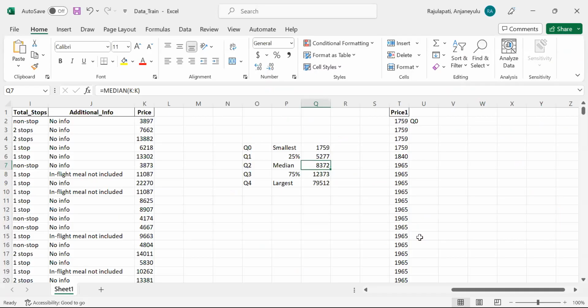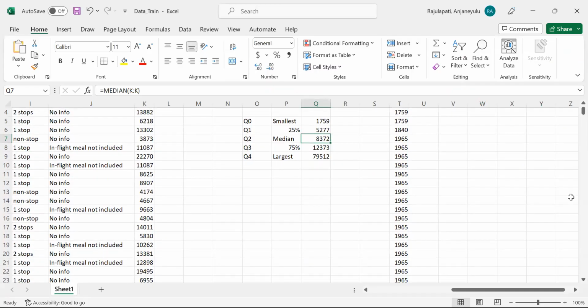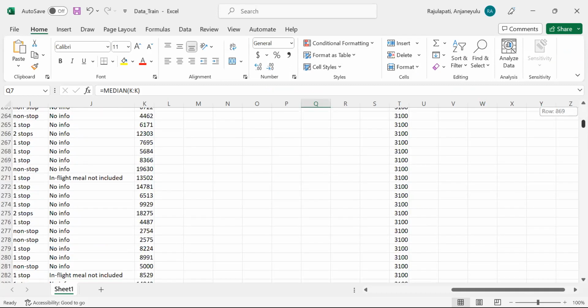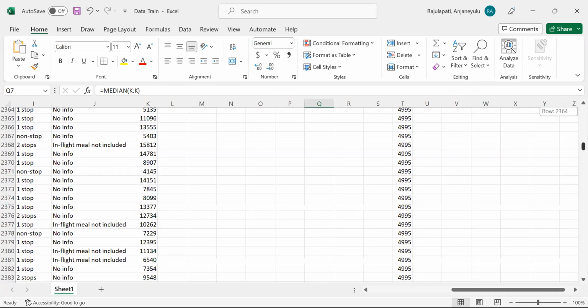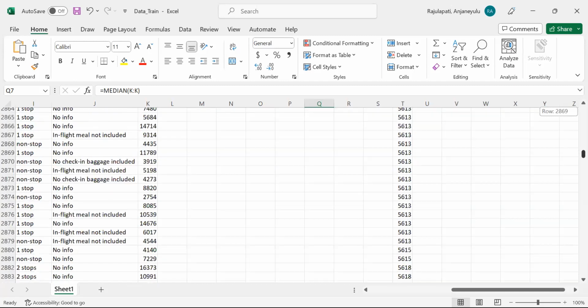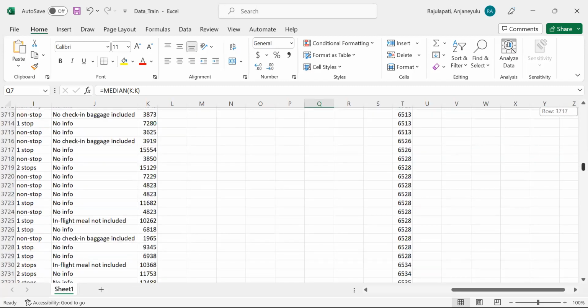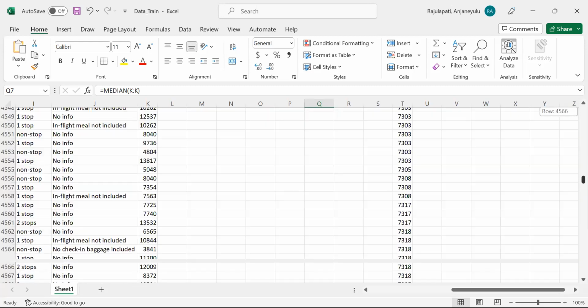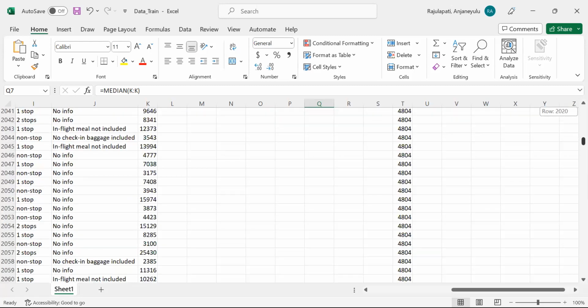Actually, I have 10,684 and I want to find the 25 percentile of the data. 25 percentile means 10,684 into 1 by 4, so the index is 2671, right?